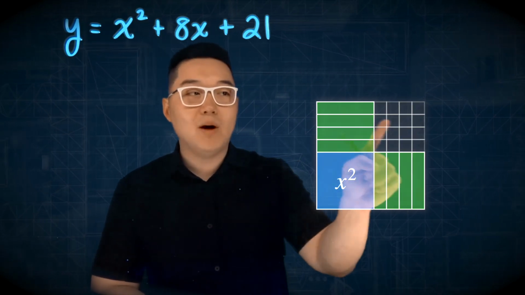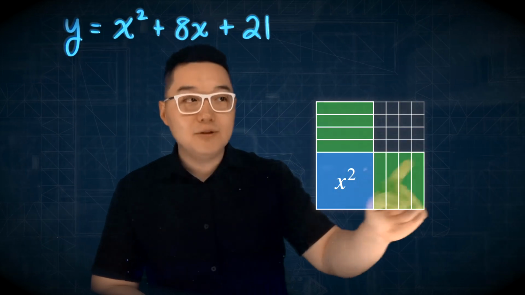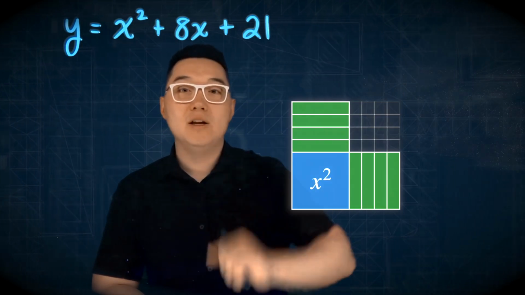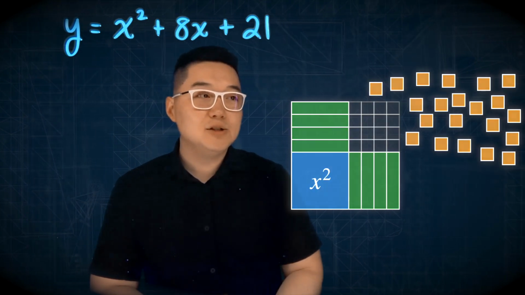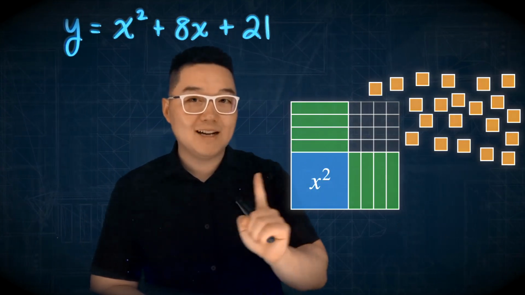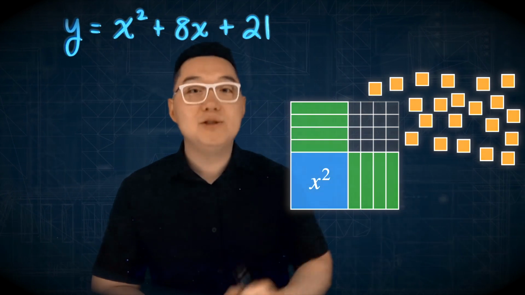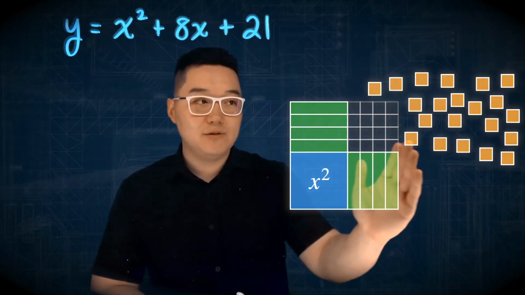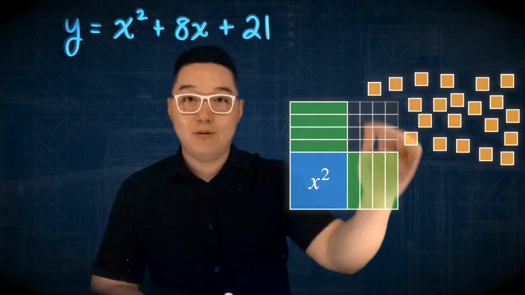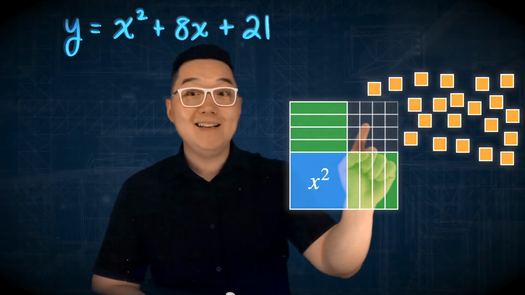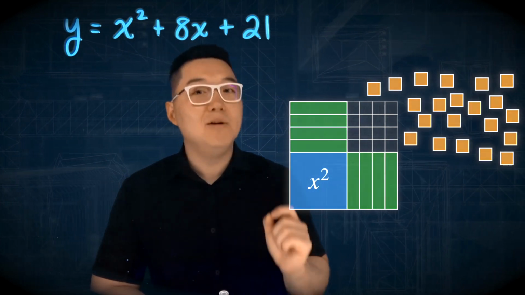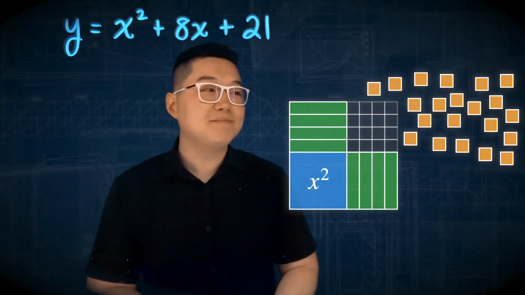So how many ones tiles do I need to fully complete the square? We have 21 ones tiles. How many of these ones tiles do I need to fill in to make a perfect square? Well, I know that there's 4 over here and the length of 4 over there. So I need 4 times 4, which is 16 ones tiles.